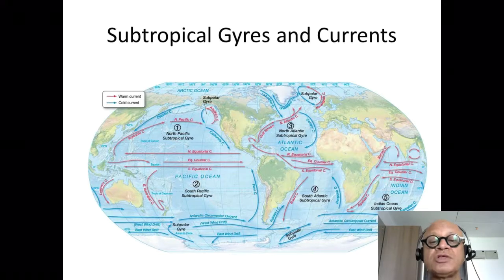I didn't go into all the details, but the main thing to remember is that the trade winds pile up water on the west and create this peculiar current going into the winds, appropriately called the countercurrent, and it's in the equatorial region, so they are referred to as equatorial countercurrents.